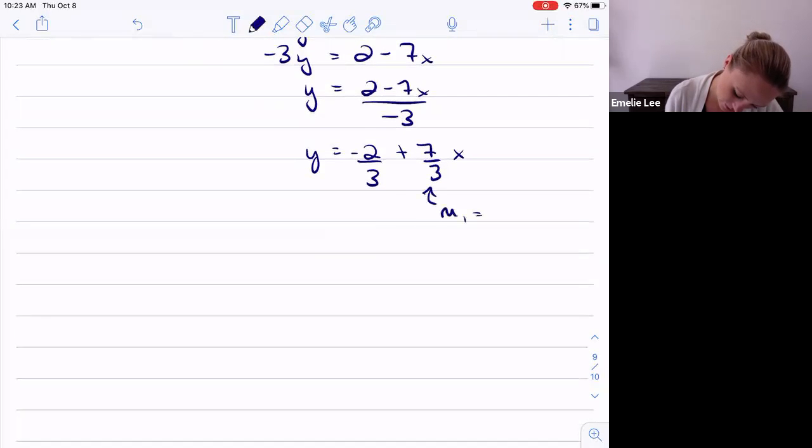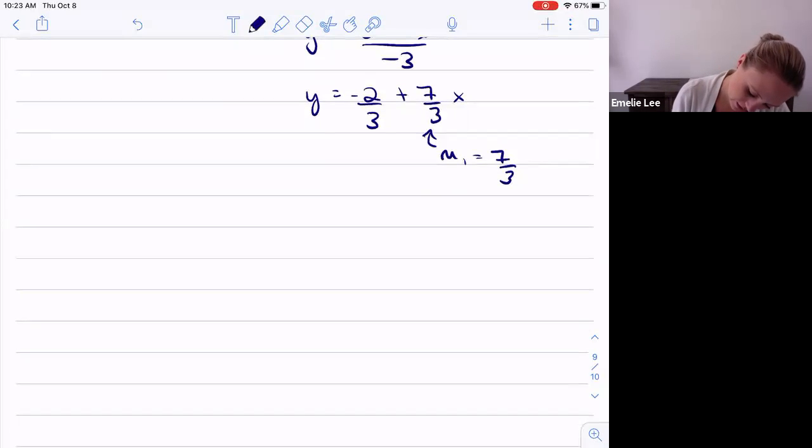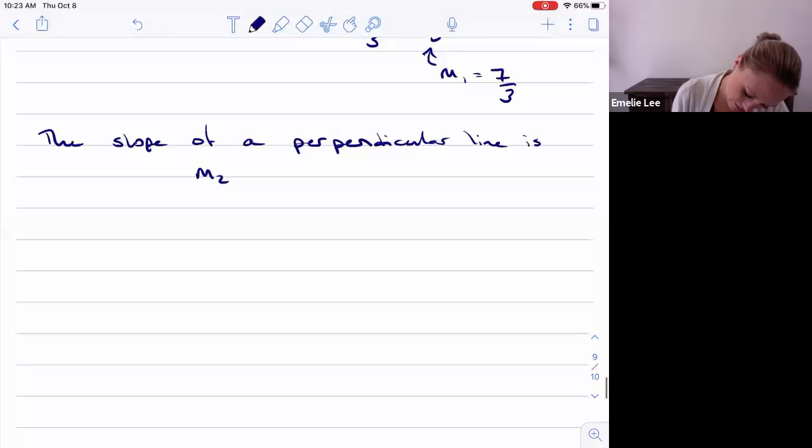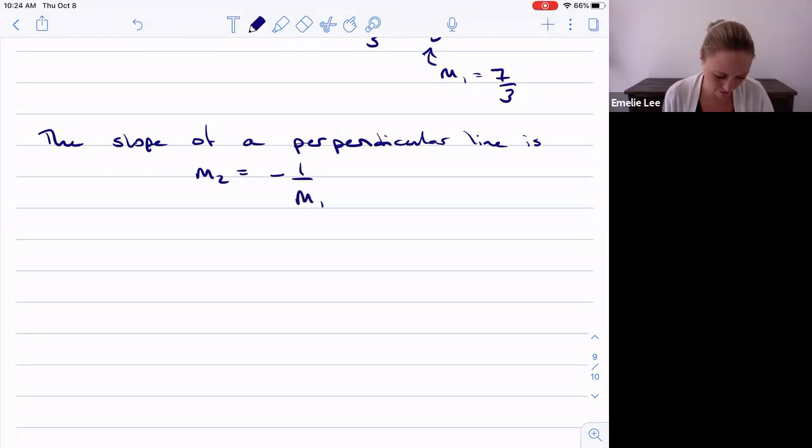So here m1 equals 7 over 3. The slope of a perpendicular line is m2, which from our notes is negative 1 over m1.